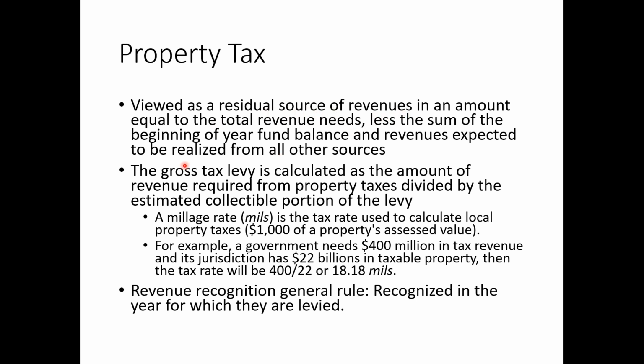Typically, the government is going to calculate the amount of revenue required to cover all the expenditures, and if there is not enough money to cover all the expenditures, they're going to increase the property tax. It's called a residual source of revenues. So we do see changing property tax year by year.